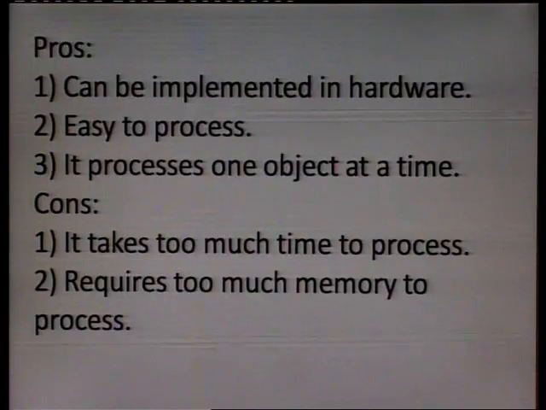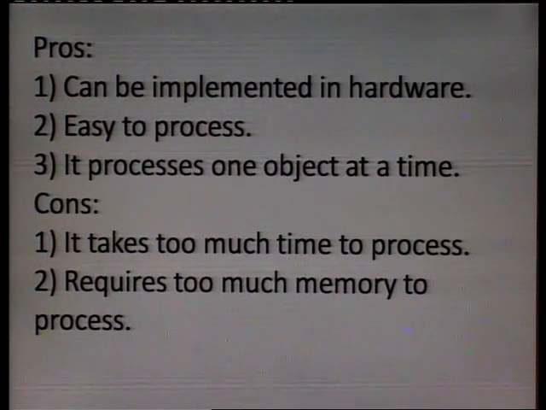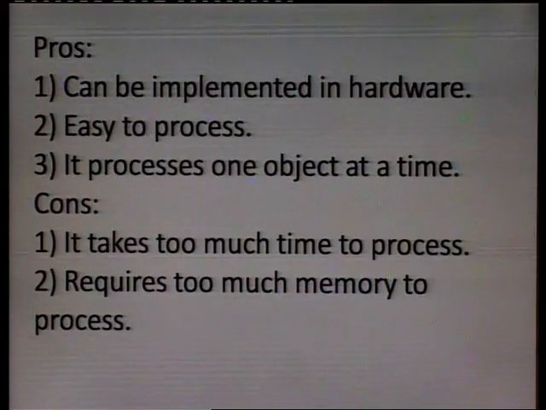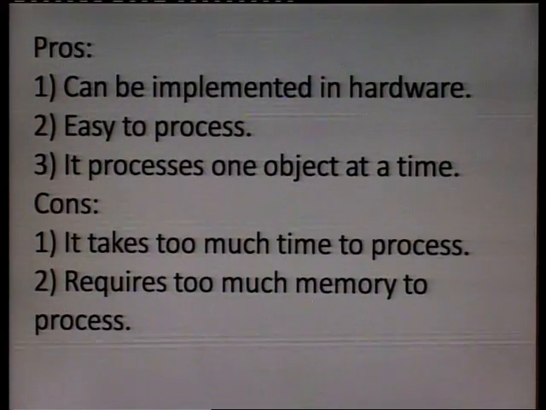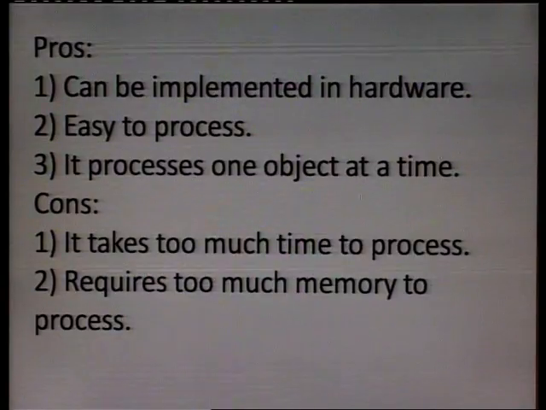We simply have to define the positions of our objects or surfaces. Third, it processes one object at a time, because in the Z algorithm you cannot do two objects at a time; you can see only one surface.